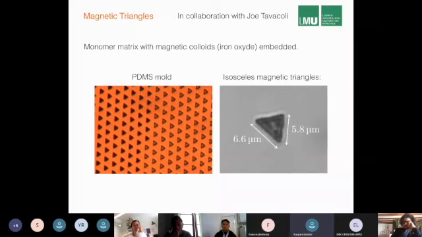This mixture is poured on top of a PDMS mold, reticulated, and then the triangles are released in water. These triangles are isosceles triangles with a long side of about 6.6 micrometers and a short side of about 5.8 micrometers.